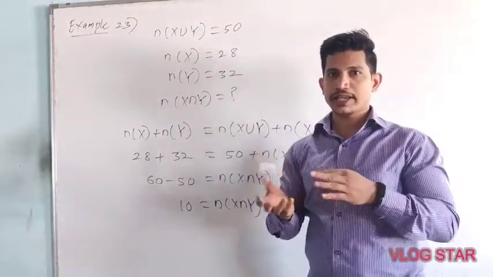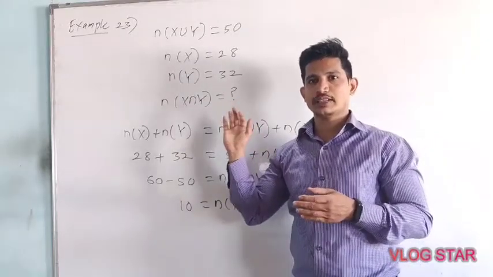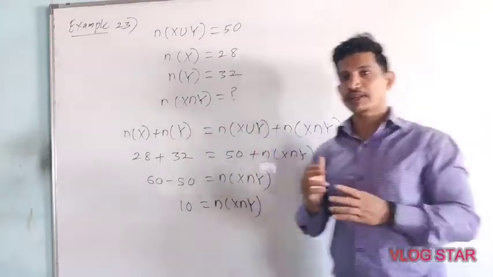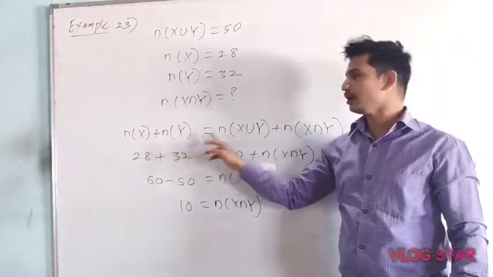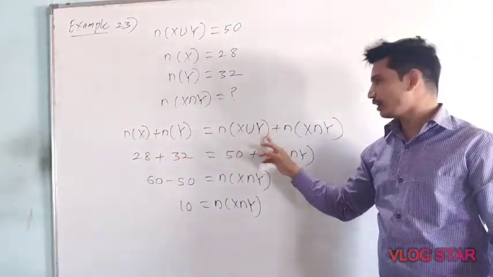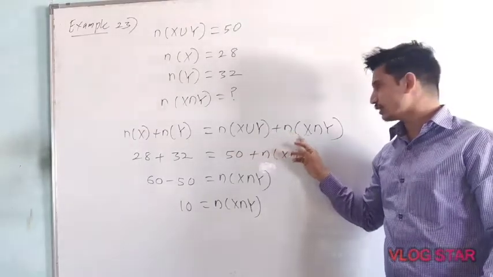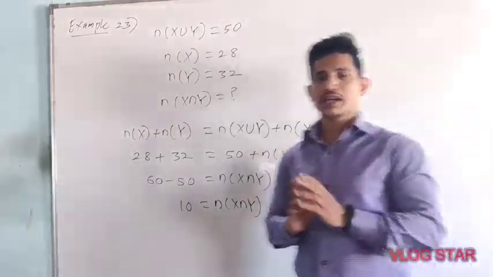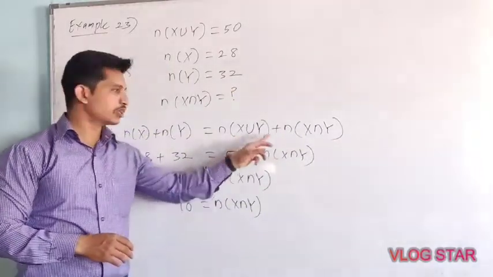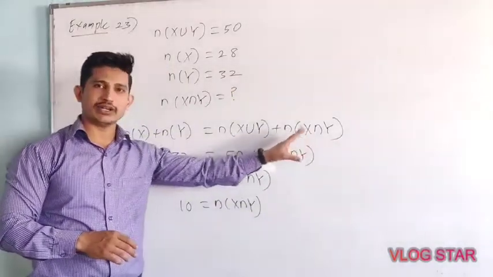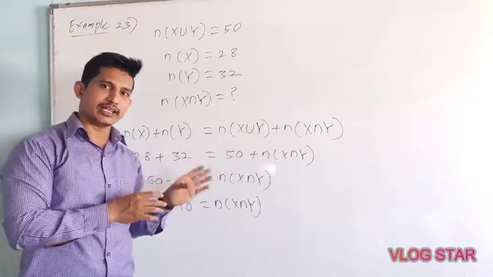So instead of A and B, we are using X and Y. The formula is n of X plus n of Y is equal to n of X union Y plus n of X intersection Y. Same formula, instead of A and B we are using X and Y here.